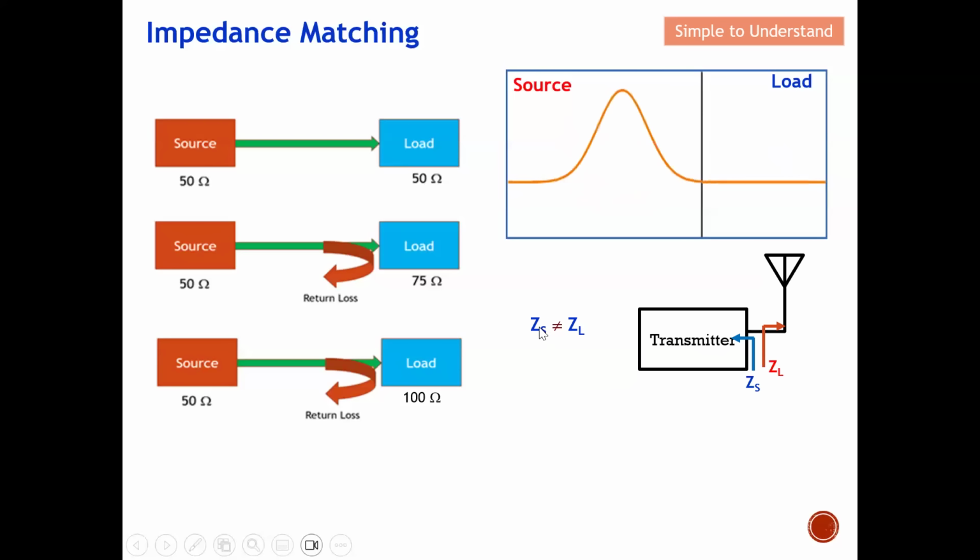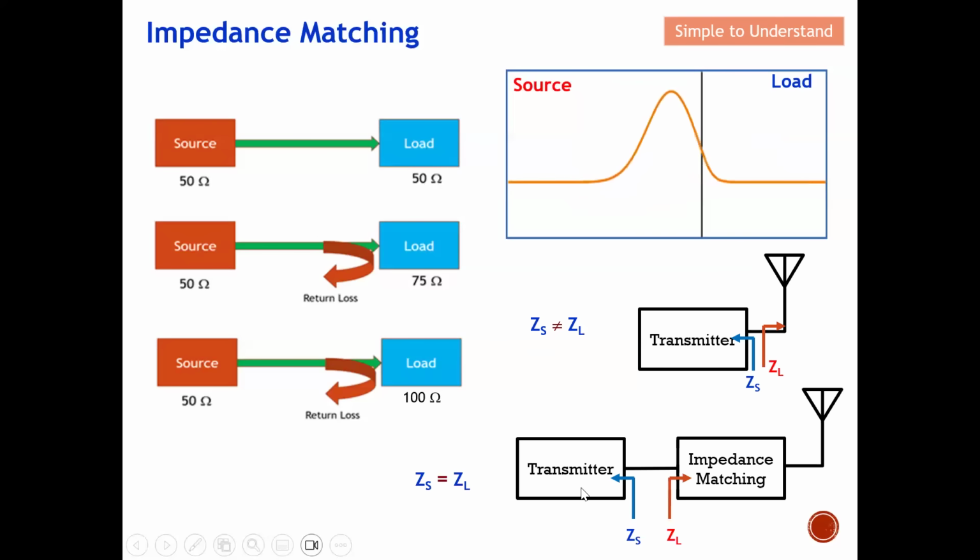However, because there is some form of mismatch, some will be reflected back to the transmitter, and this is undesired, because as I mentioned, we want all the power from the transmitter to reach the antenna and finally radiate out to the receiver. But in this case, because there is a key difference between impedances, some will be reflected back.